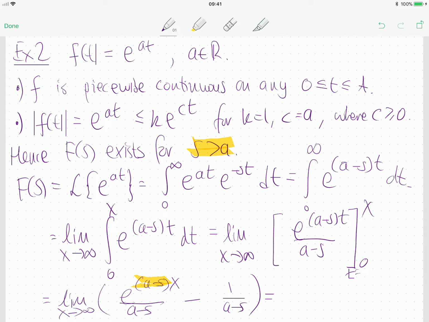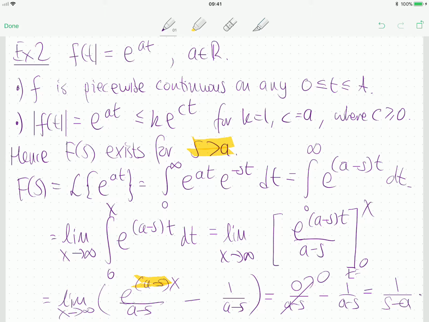Okay, so what we have is 0 at the top of the fraction, and the second term just stays as it is. This first term is just 0, and I'm going to rewrite that as 1 over s take away a, and there you go.